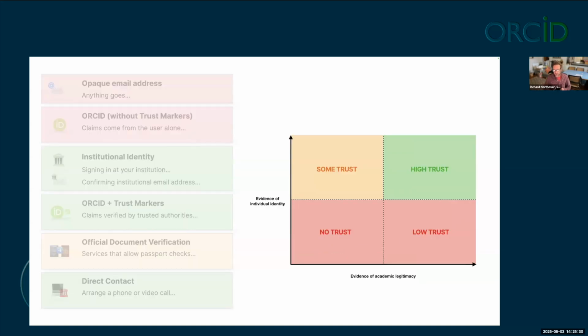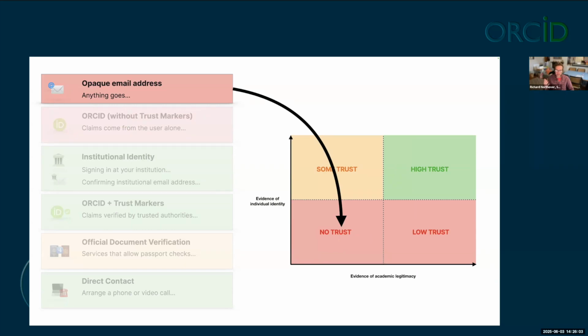So the framework goes through like a menu of different verification methods, different options. Each has got trade-offs, and different users will have different abilities to use each of them, which is a really important point. So if we take these personal email addresses, I've called them opaque email addresses, but they're non-institutional email addresses, things that don't come with any guarantee of information of where they're from.